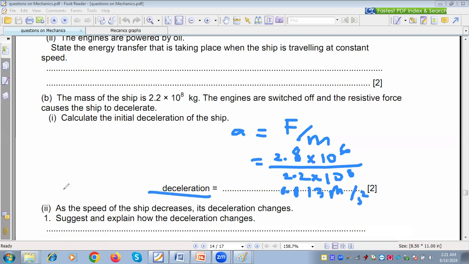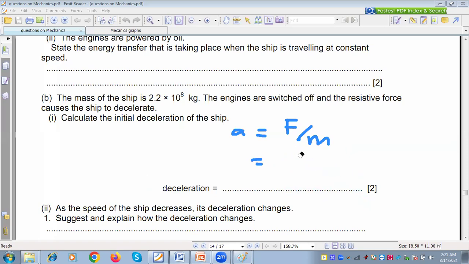As the speed of the ship decreases, its deceleration changes. Suggest and explain how the deceleration changes. Of course, when speed decreases, the resistive forces will also decrease.